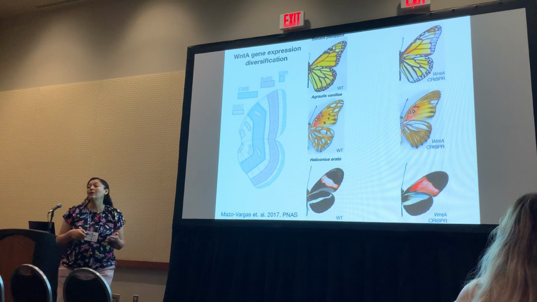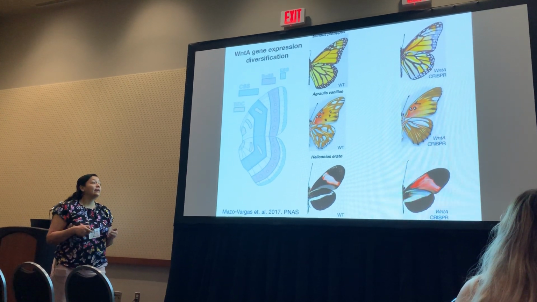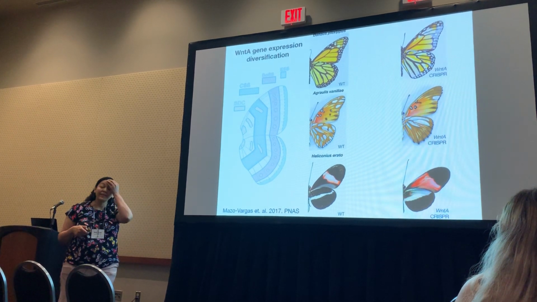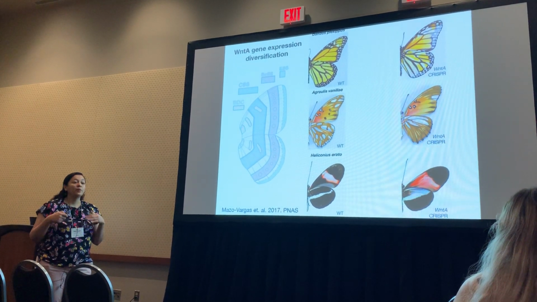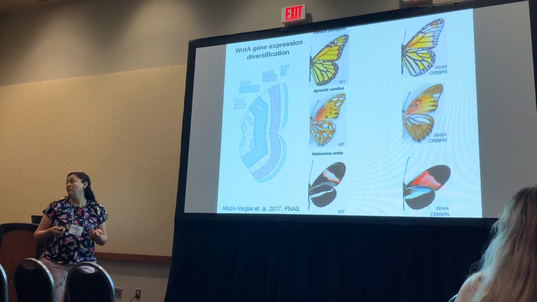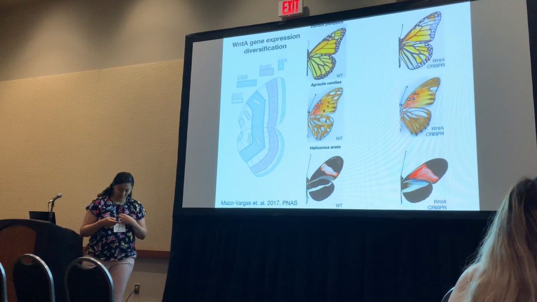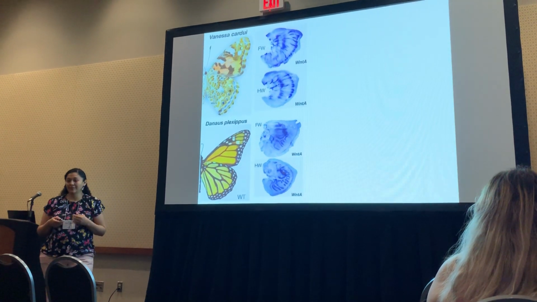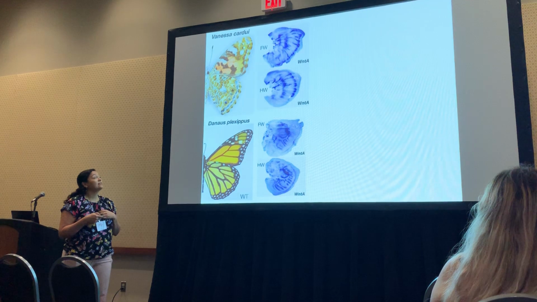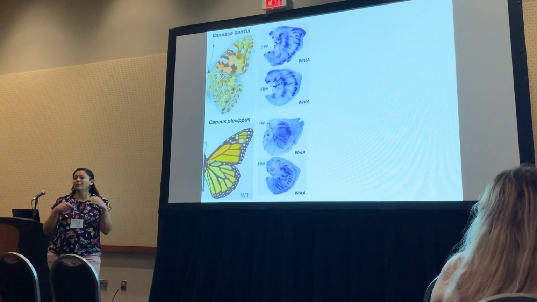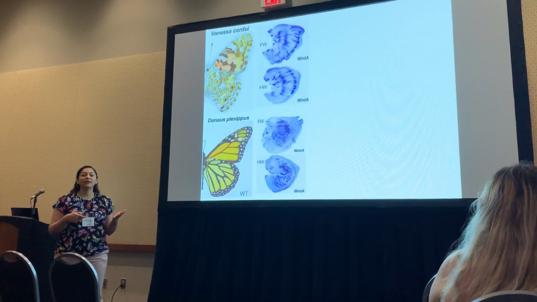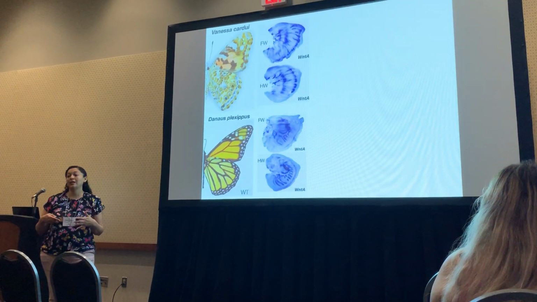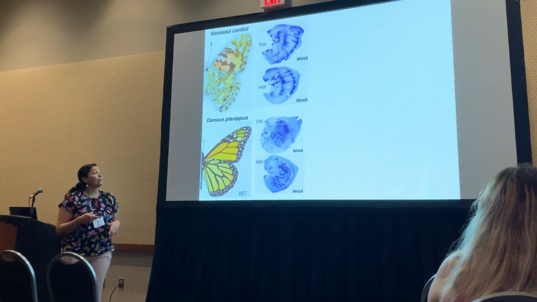Another really cool aspect of this gene is that it has been mapped in Heliconius butterflies and in Limenitis butterflies as being very important, or behind the adaptive radiation of these species. So now the question I'm trying to understand is what is happening that is changing the expression pattern so drastically in these different species, in a gene that seems to be very key in the evolution of the color patterns.